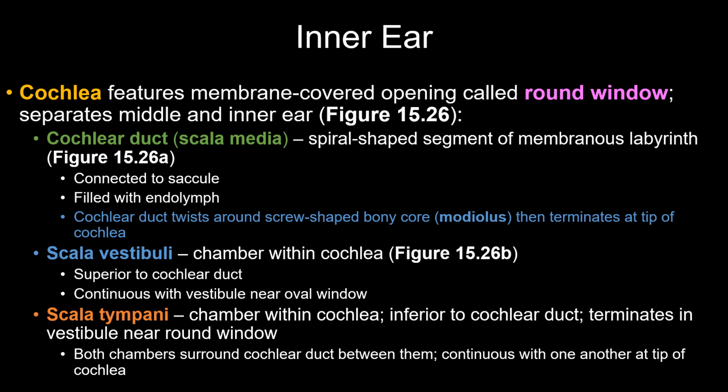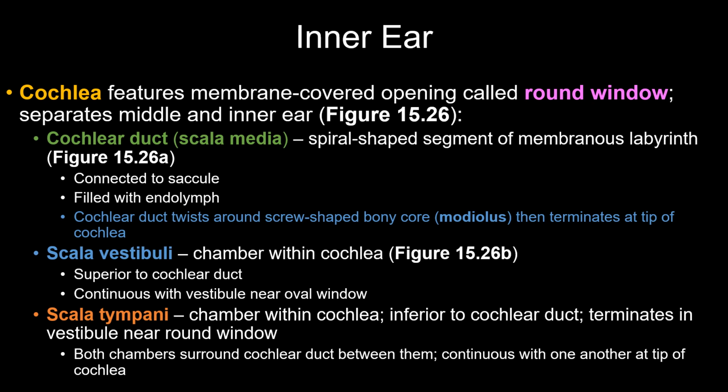As the stapes pushes in on the oval window, the round window will push out, equalizing that pressure. I haven't seen that mentioned in the book, but that is its function, and it's kind of surprising that it doesn't mention that in the book.